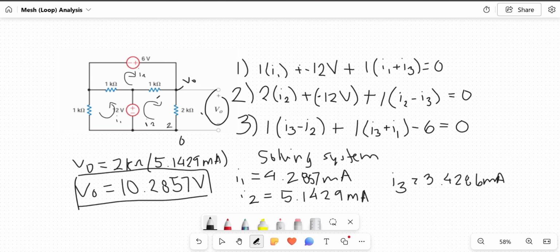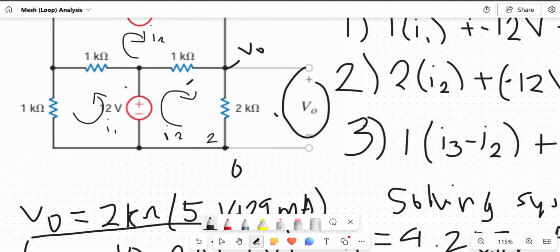However, let's say this problem asks us to find the current over here, which I will call I naught. To do that, we can see that in this branch, there is an I1 going this way and an I2 going this way. So I naught is going down, while I2 is going up in the same wire and I1 is going up.